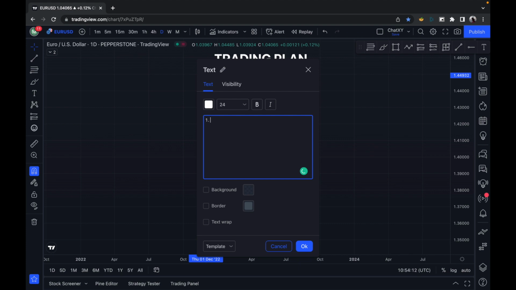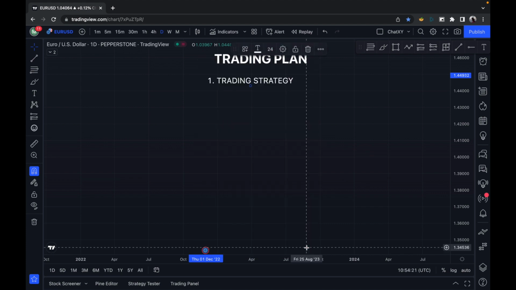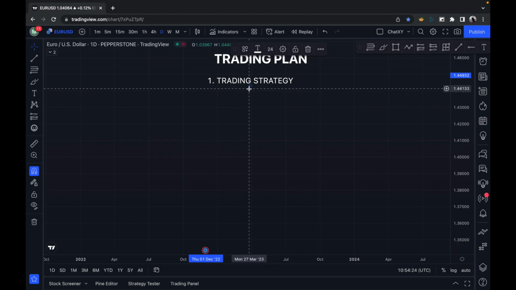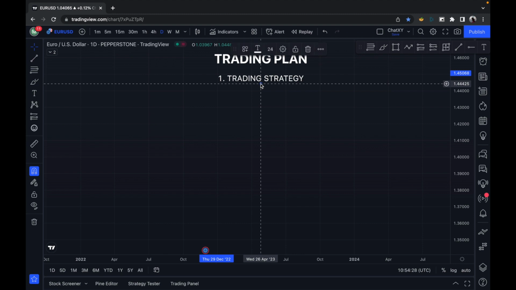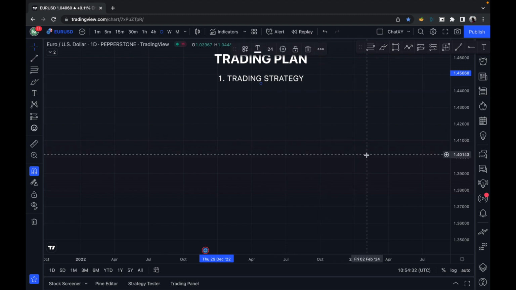Trading strategy. This is number one, trading strategy. I'll be using swing trading as an instance because I'm a swing trader.